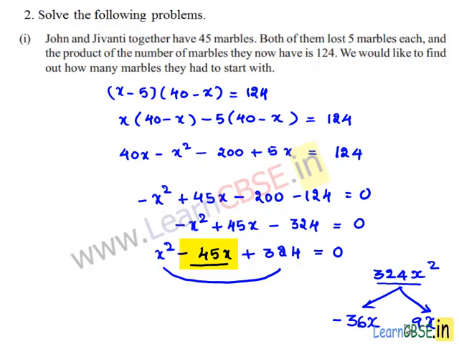So if we put a minus sign here, then we get the product as 324x square and the sum will be minus 45x. So minus 36x and minus 9x will satisfy the two conditions. x square minus 36x minus 9x plus 324 is equal to 0.